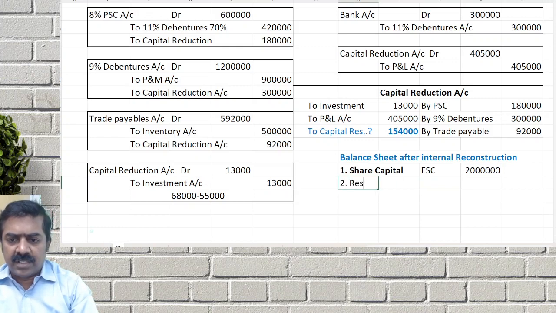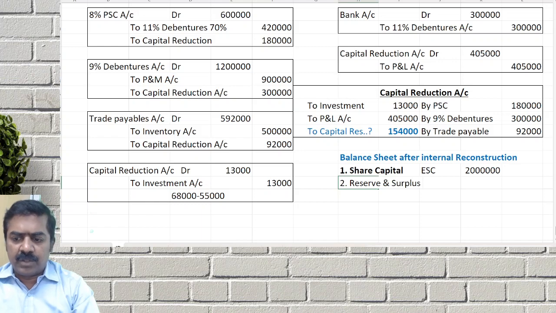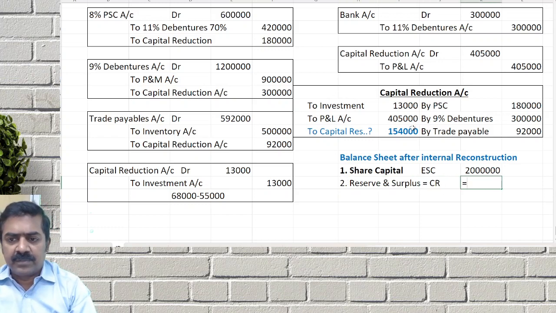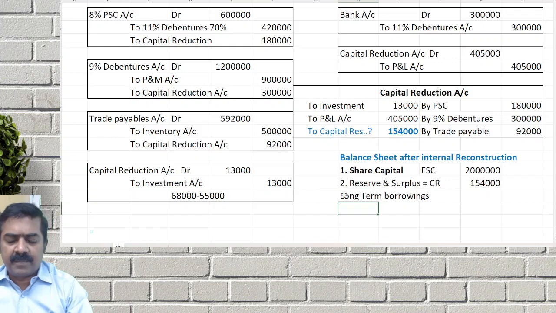Number two, reserves and surplus. Which one will come? That capital reserve, the balancing figure transferred, that will come. This is under shareholders funds. What will come under long-term borrowings?